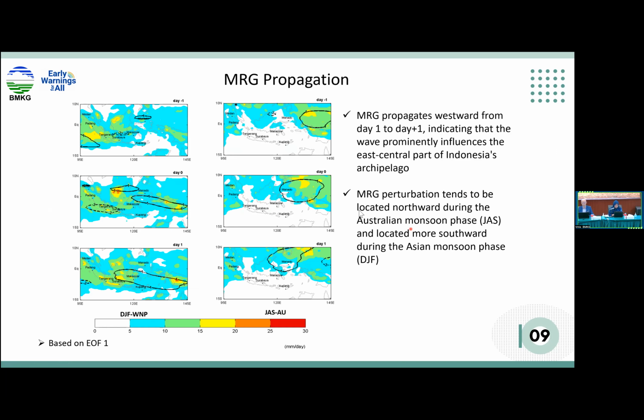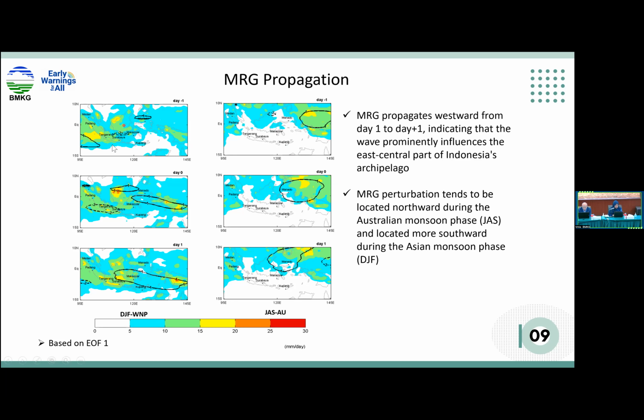This is the MRG propagation from stream data. Based on the propagation or evolution we saw on the previous slide, we make a composite here, still from the 15 years composite data set from TRMM data.